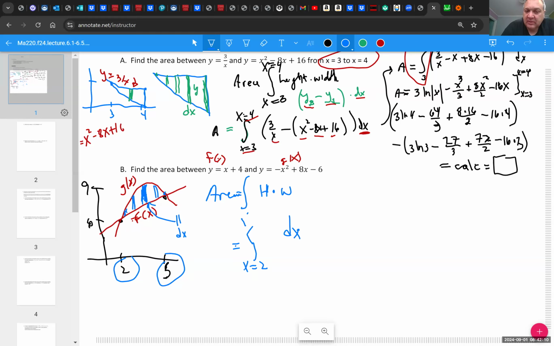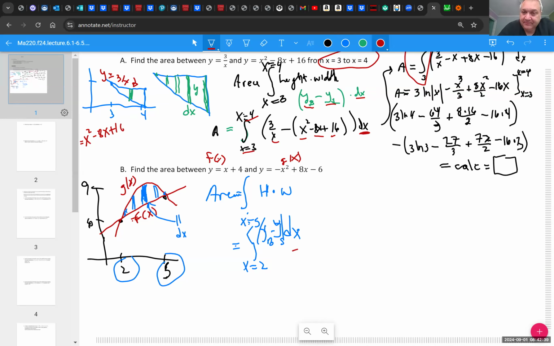All right, and then all we need to know is the height. The height is the vertical distance, which goes from the top one down to the smaller one. To find the distance between two things, we just subtract. So we're going to get something like a y big thing minus a y small thing. I kind of crammed it in here, sorry. So you're going to have to subtract two y values. We have to put it in terms of x because once again we have a dx.